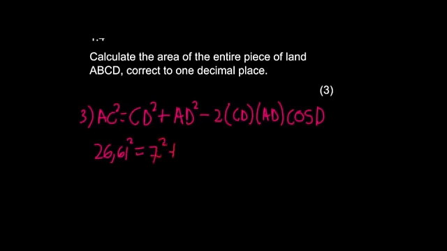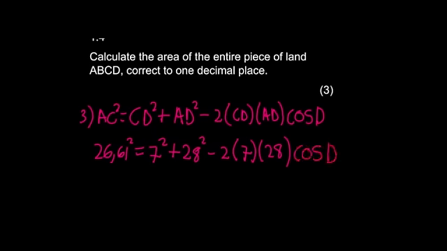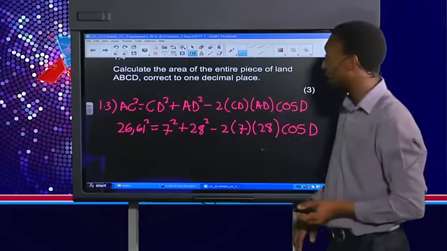So 7 squared plus 28 squared, minus 2 multiplied by 7 times 28, multiplied by cosine of this angle, which we do not know, which we're trying to work out. So let's solve for cos D so that we can work out what D is.